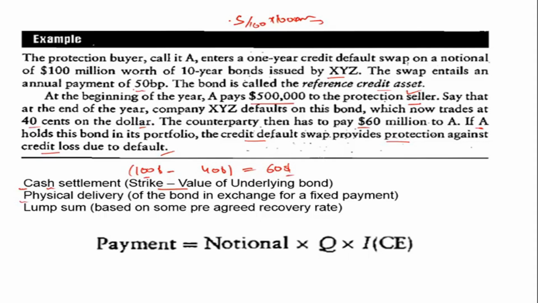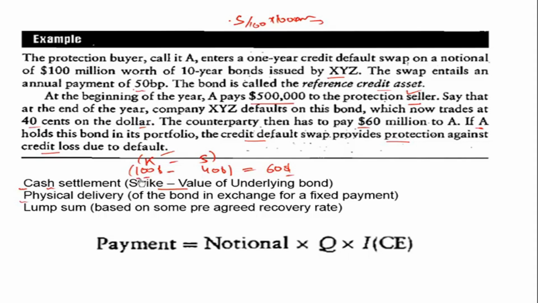So please note that the credit default swap in effect has a payoff similar to a put option. Even if you purchased a put option on a simple derivative, your payoff is K minus S and you have to pay an upfront premium. The only difference is that in the case of credit default swaps, that premium may be an upfront premium or it may be an annual premium called the CDS spread.